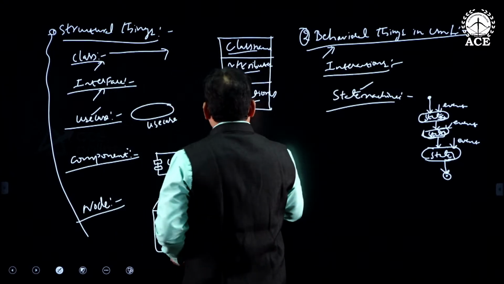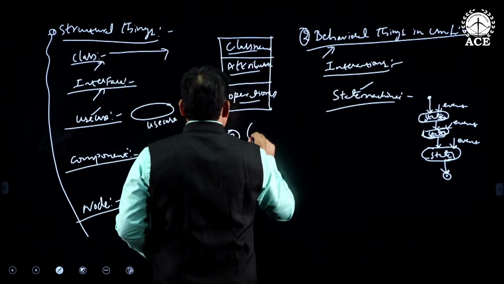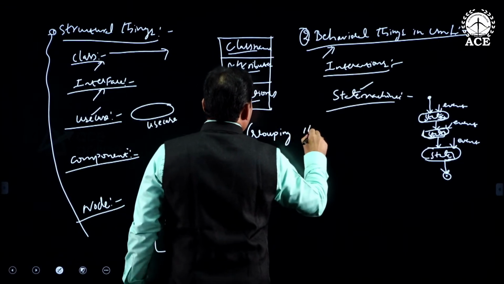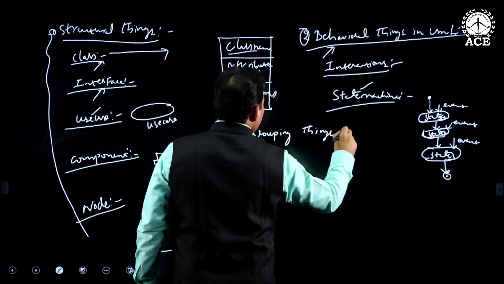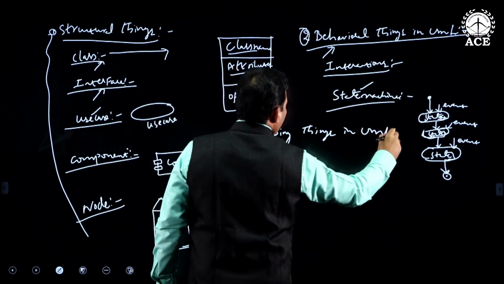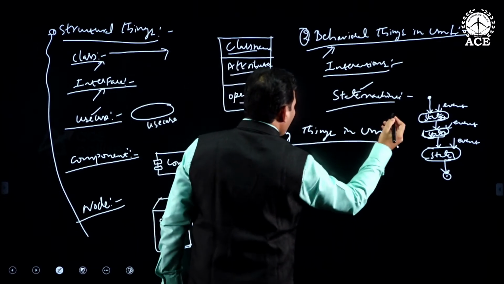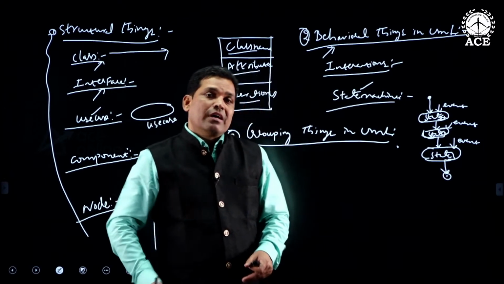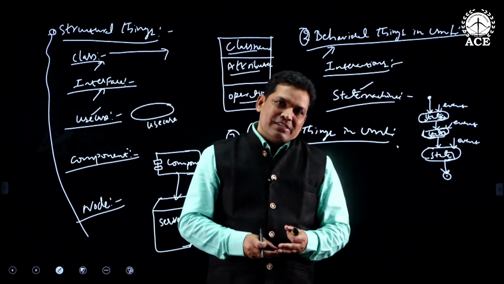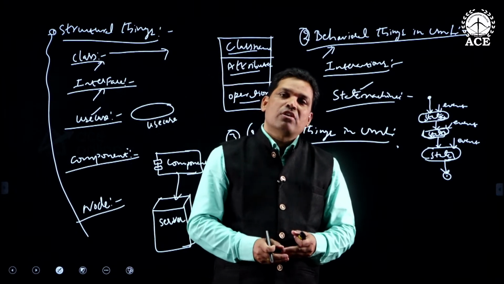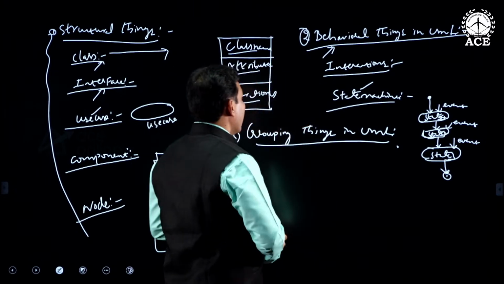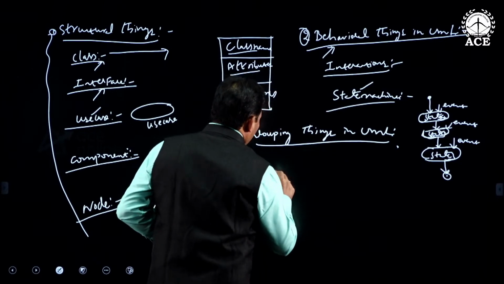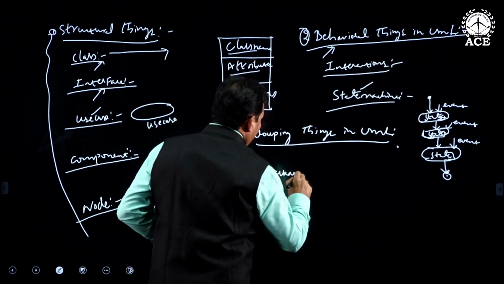Coming to the third one, grouping things in UML. So what are the various grouping things here? The purpose of grouping things here is that the UML elements, classes, interfaces, components, all these are supposed to be stored in the form of what we call a package.